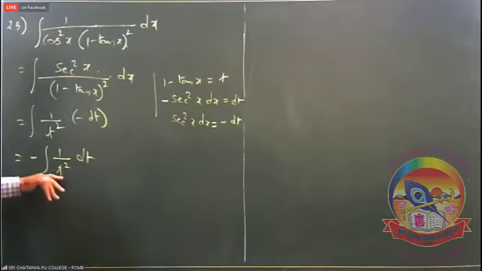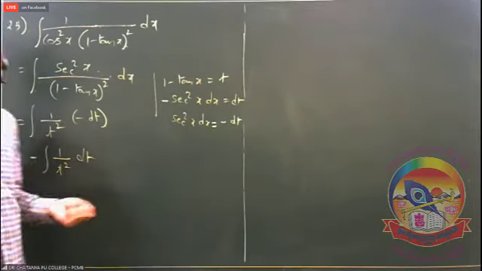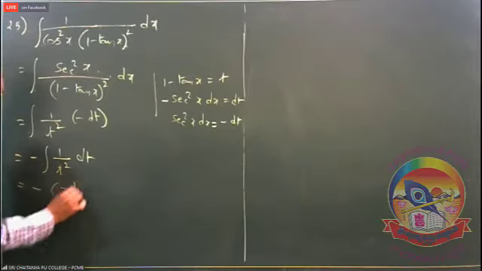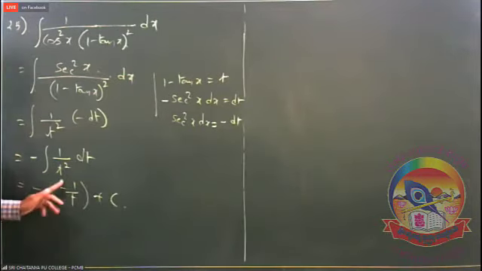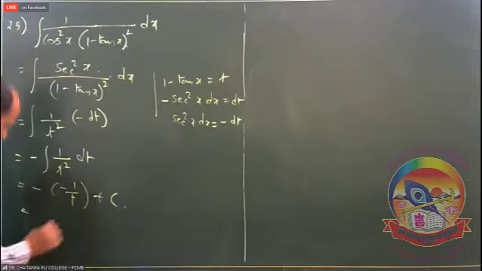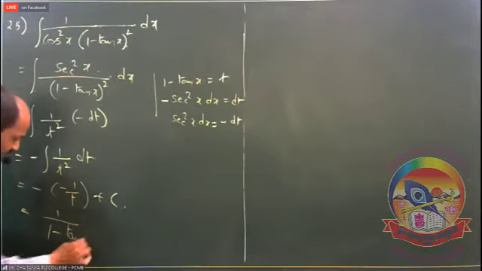Or it is the integral of t power minus 2: apply the integral of x power n formula, x power n plus 1 by n plus 1. Or directly, the formula: integral of 1 by t square is equal to minus 1 by t. Minus of minus 1 by t plus c. Minus of minus is plus, so 1 by t. What about t? 1 minus tan x. So the answer is 1 divided by 1 minus tan x plus c.